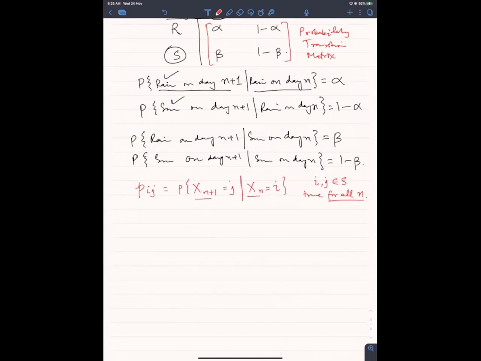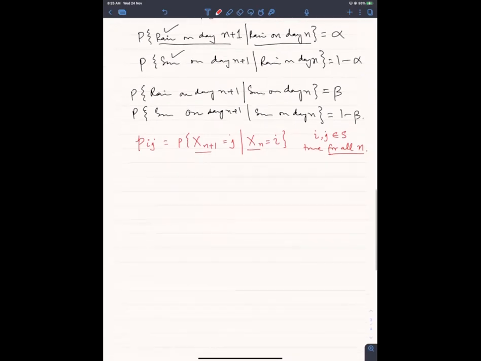Great. So now we have this probability transition matrix. I will draw the Markov chain as well. So let's say you have an example.